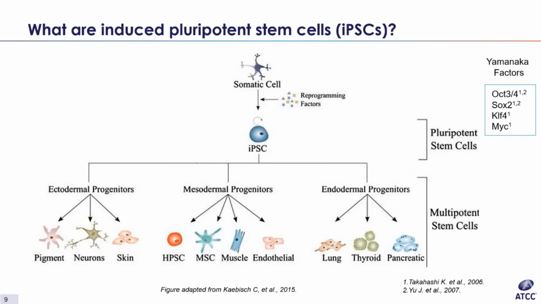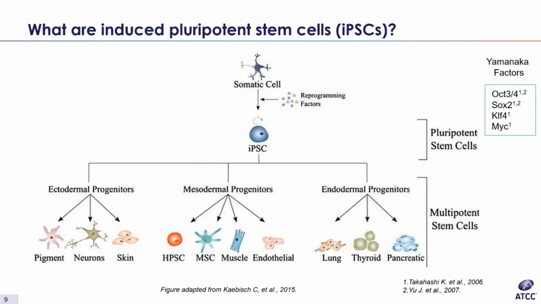Any cell type is possible, from ectodermal lineage cells, such as neurons and keratinocytes, to mesodermal lineage cells, such as hematopoietic and endothelial cells, to endodermal lineage cells, such as thyroid cells and the acinar, ductal, and endocrine pancreatic cells.